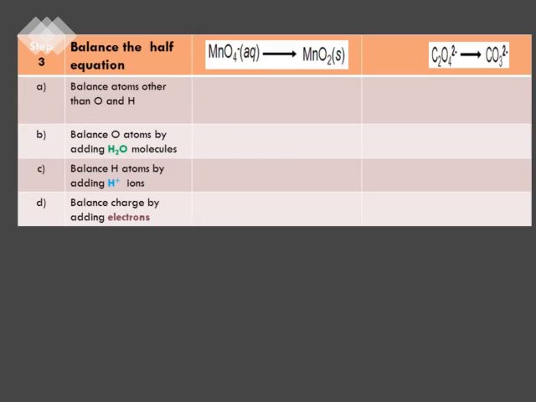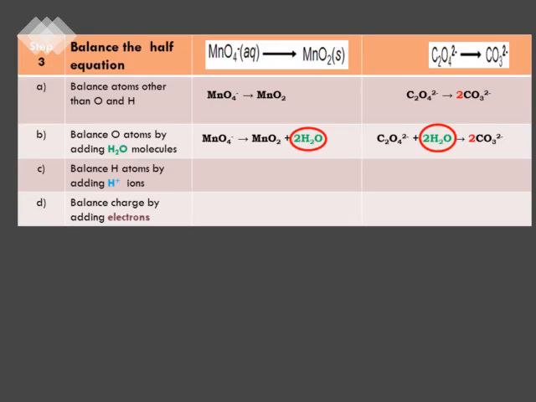The same steps are taken in balancing the half equation for both manganese and carbon in basic solution. First, balance all atoms other than oxygen and hydrogen, followed by balancing the oxygen and hydrogen by adding water and H+ ion respectively.